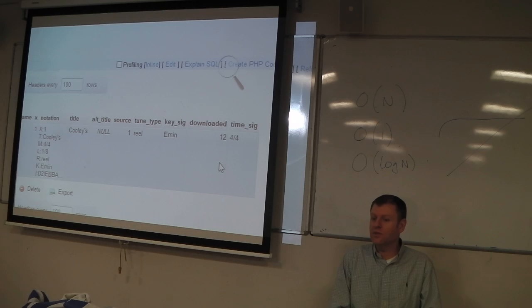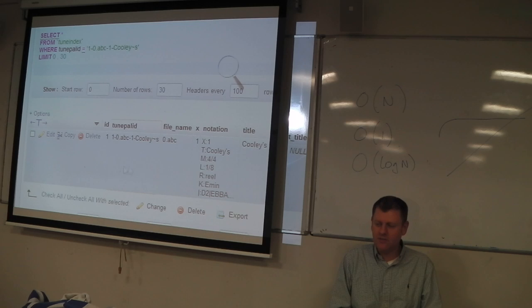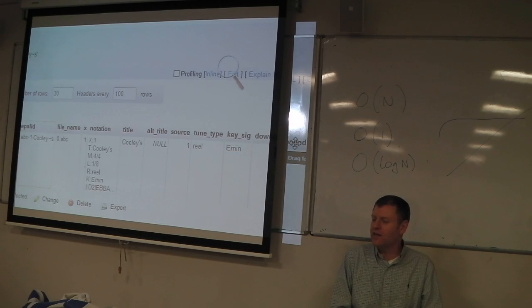For example, you can create a full text index, which does the same thing, but it actually extracts all of the words that are in, for example, a memo field or a text field, and it will generate one of those binary search trees for all of the words. All right. So that's data structures and efficiency in a real world application. All right. So create indices on any column that you need to do a lookup on, and you will notice that your database performs thousands of times faster.